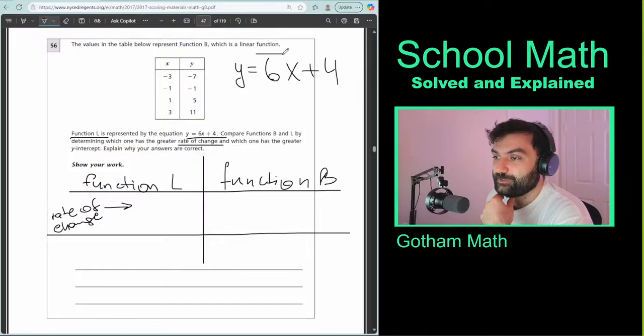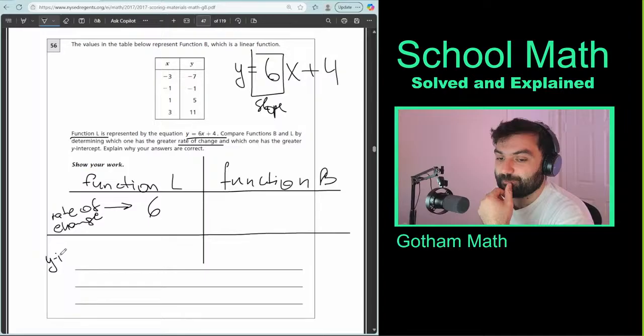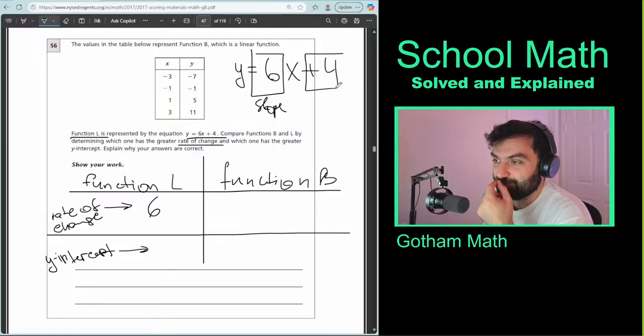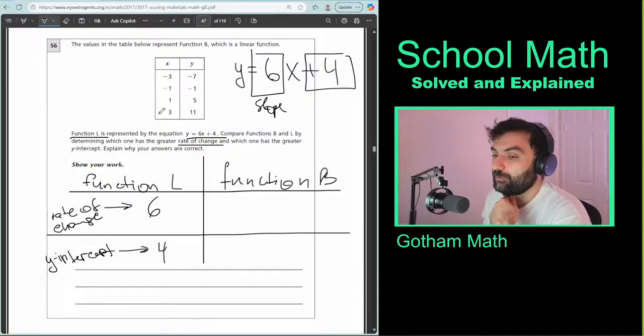It's the slope. This is rate of change, this is slope, and slope is rate of change. So it's 6. What is the y-intercept? It's 4. So we know both parts of function L, but we don't know either part for function B, so we have to find them. How do we find them?